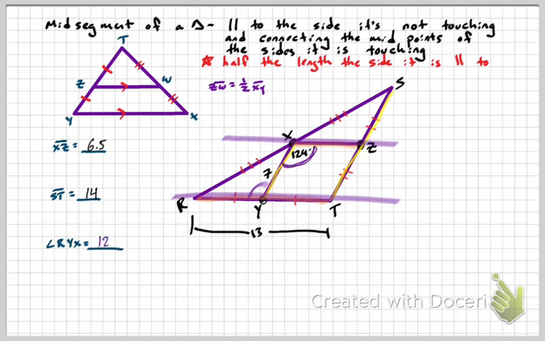So RYX is congruent to that 124. The other way you could think of this is we have consecutive interior angles here, so you could do 180 minus 124 to find that angle in black, and then we know that these two angles are supplementary, so 180 minus whatever this is, okay? But I would recommend just seeing that it's alternate interior angles, okay?